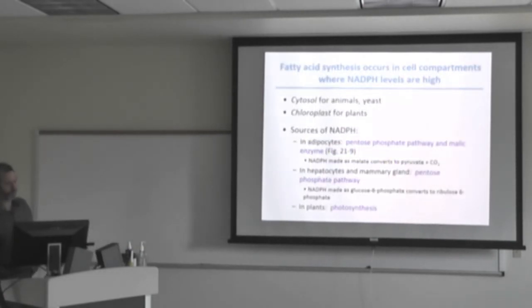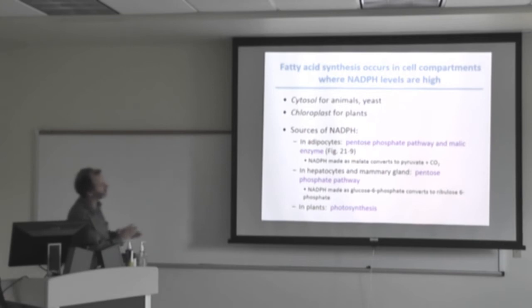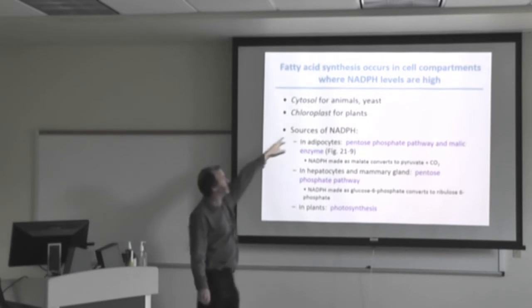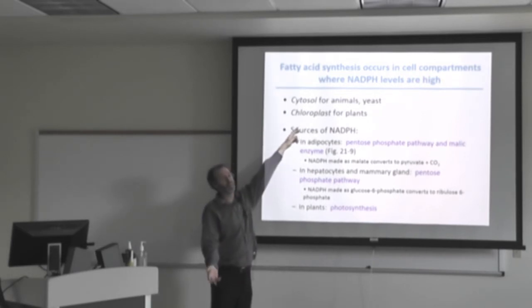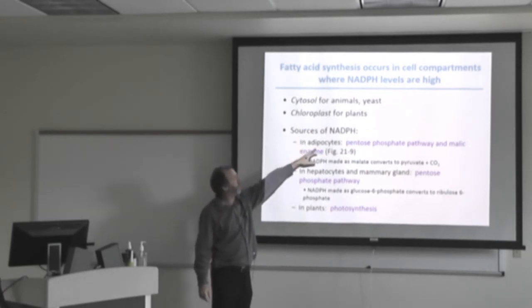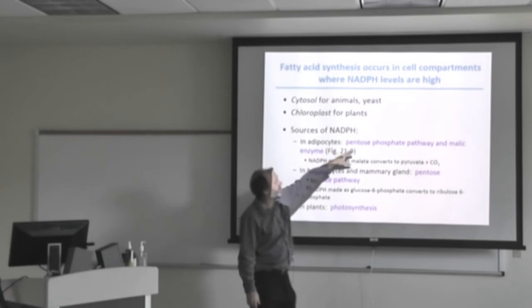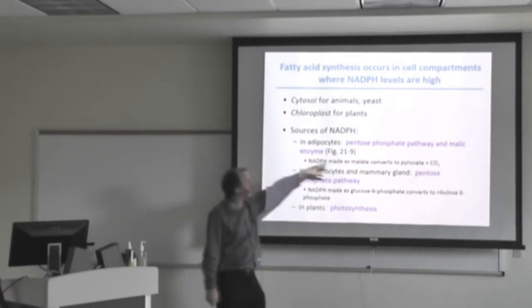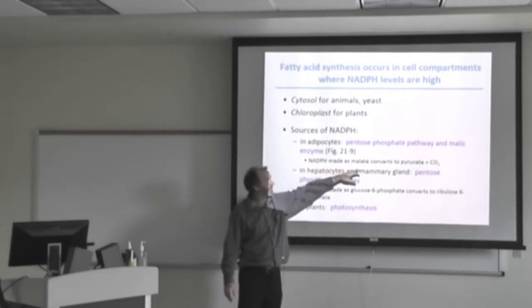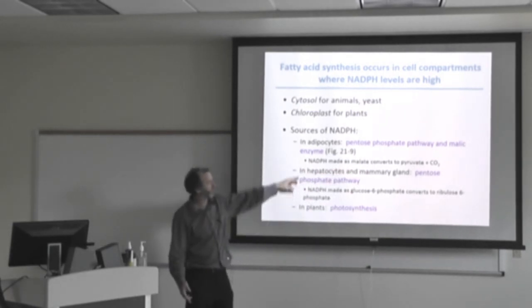So, fatty acid synthesis occurs in cell compartments where NADPH levels are high. Cytosol for animals and yeast. We get high NADPH in the chloroplast in plants, right, from the light reactions. Sources of NADPH in adipocytes are the pentose phosphate pathway and malic enzyme, NADPH as malate converts to pyruvate and carbon dioxide.